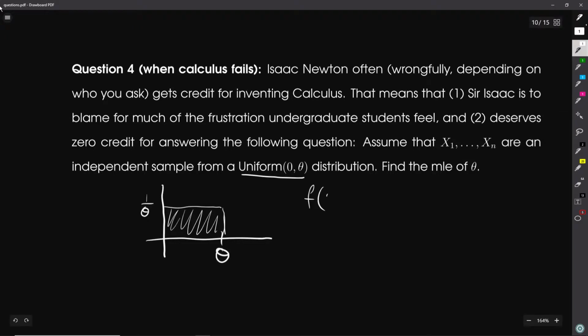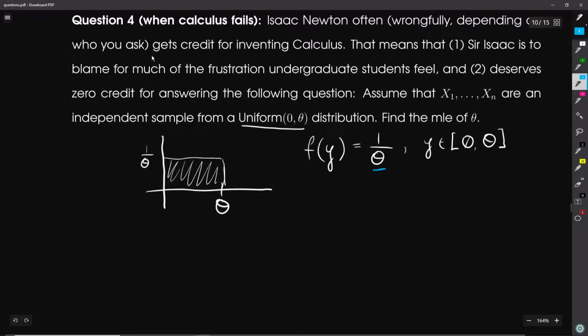So if we have a random variable y, then f of y is the density function, and it's 1 over theta, but importantly, for y in the range 0 to theta. Okay, and so I'm asking a fairly simple question here: what's the MLE for theta?